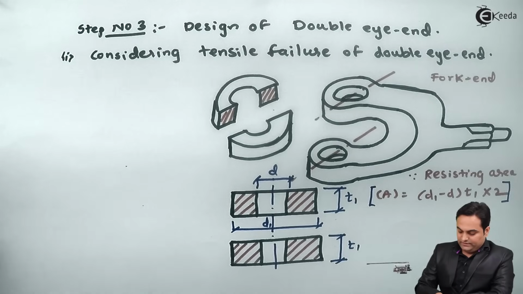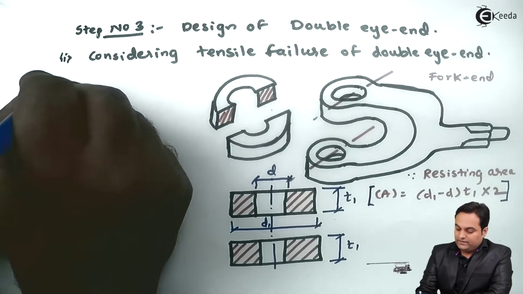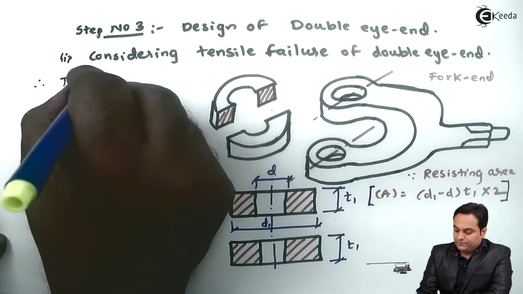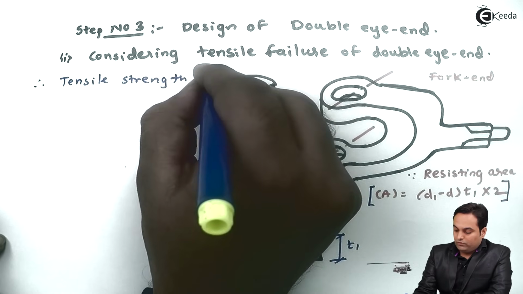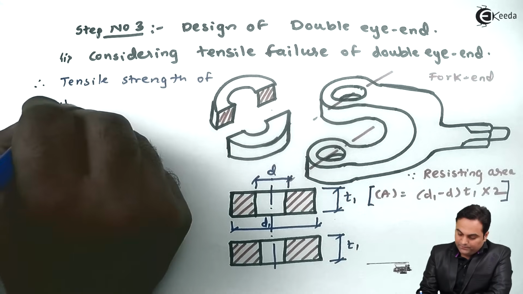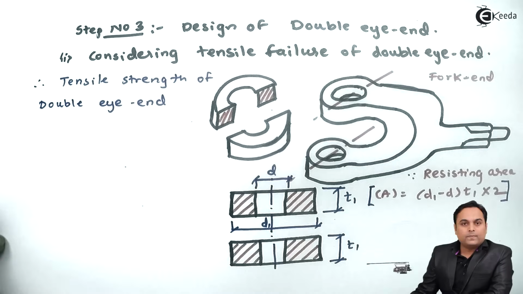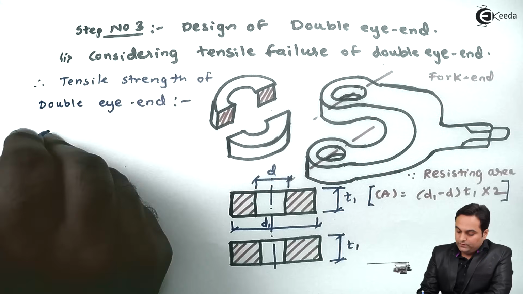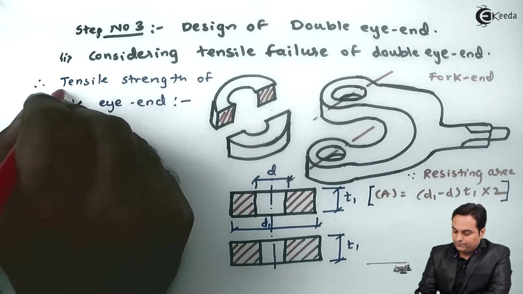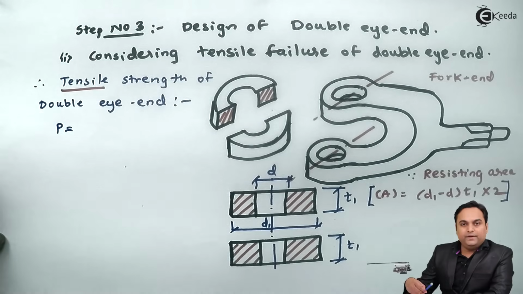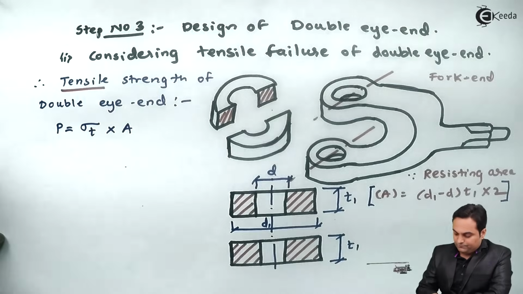Now I can say that therefore tensile strength of double eye end will be equal to P, since we want tensile strength, it will be tensile stress into area.